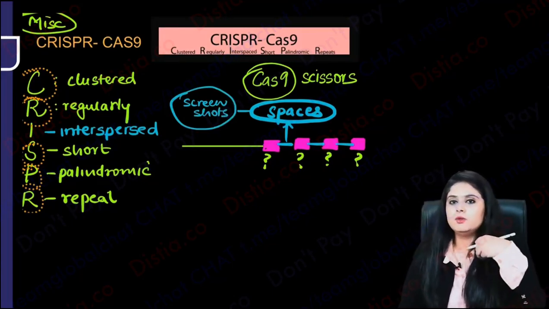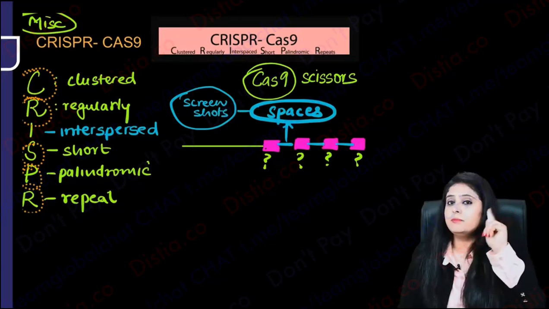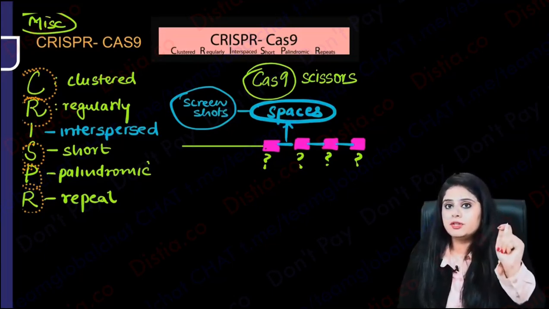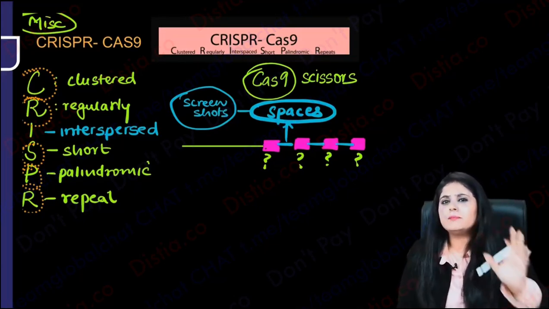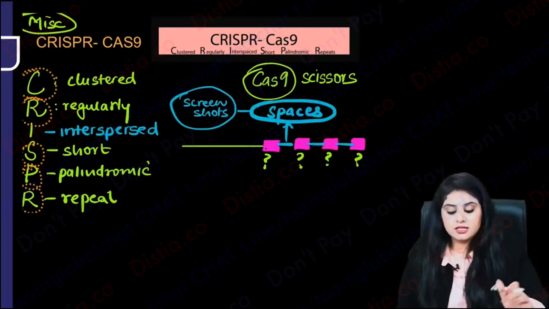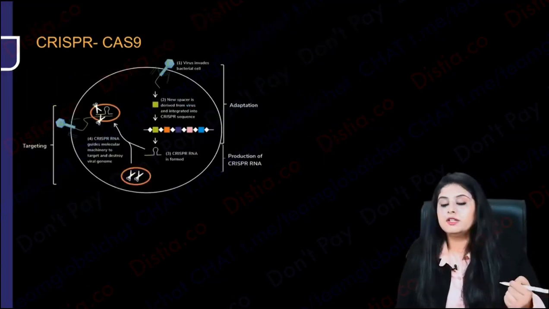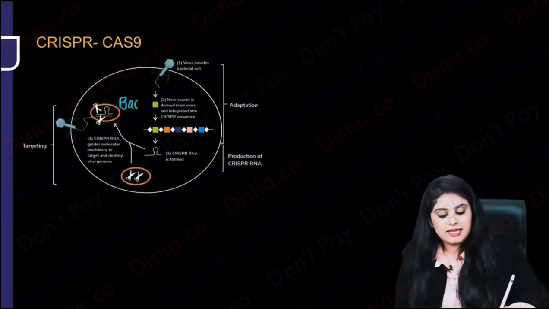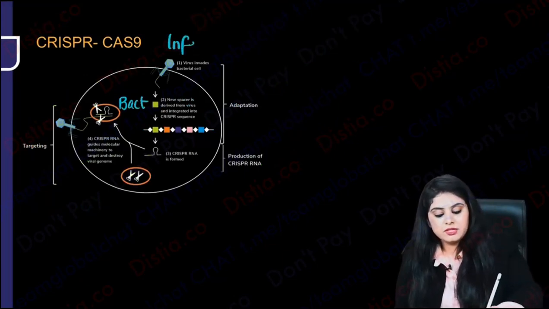So tell me something. If COVID entered into our body, did my body remember it? It keeps a memory that this is the COVID virus, and if it comes again, I have to protect. If a bacteria comes, do you keep memory of an infection? So similarly, this is a bacteria and this time it has been infected with a virus.